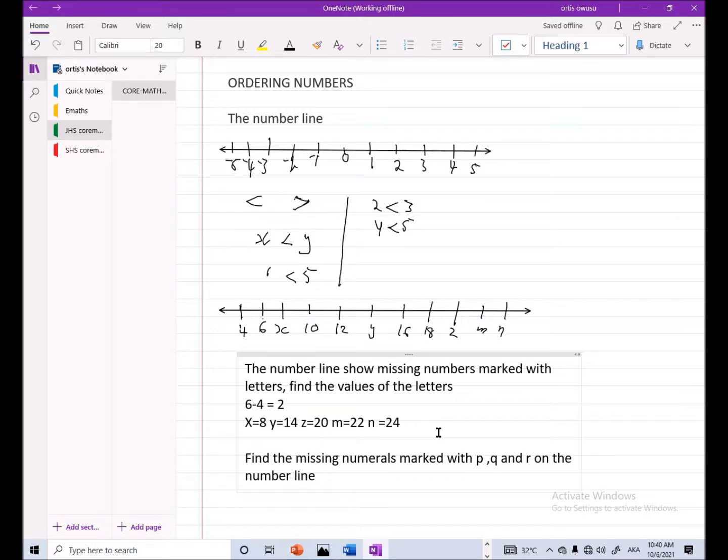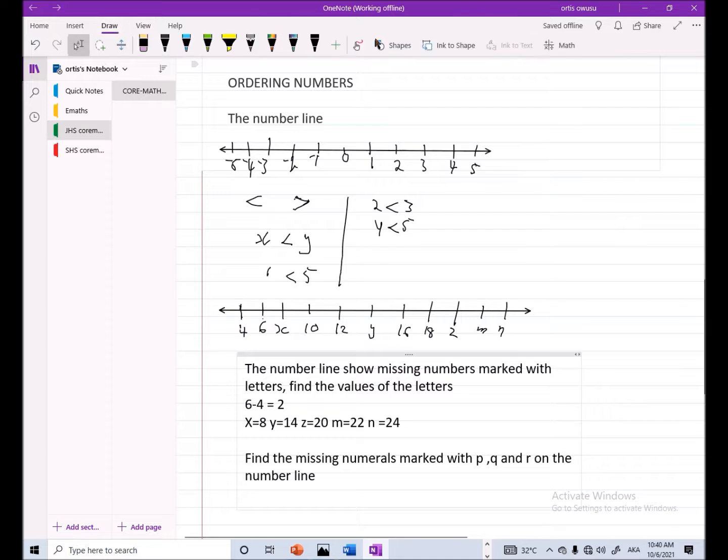Okay. All right, so let's draw the number line.